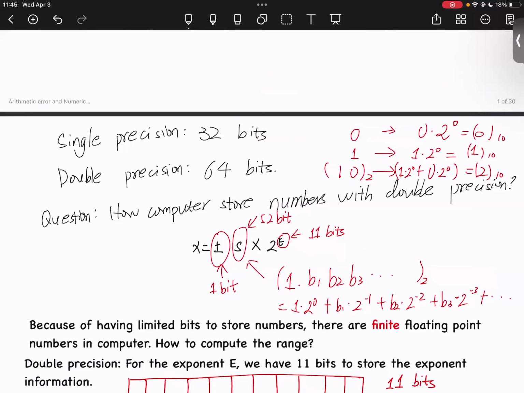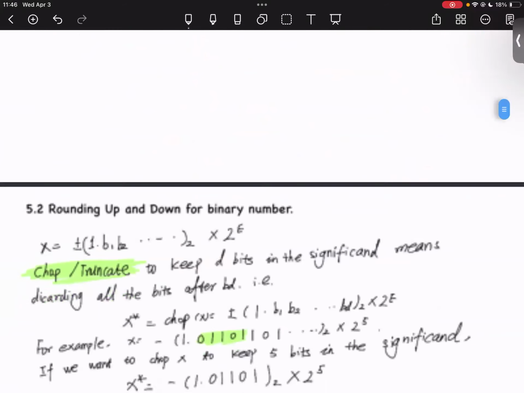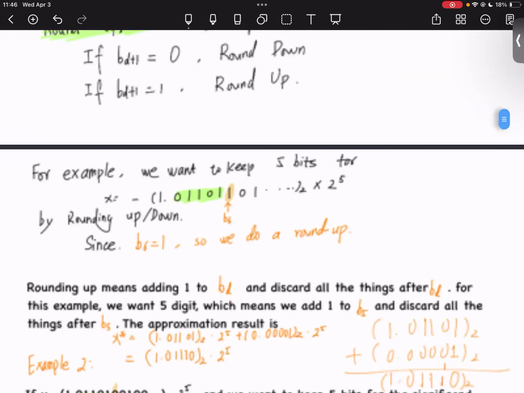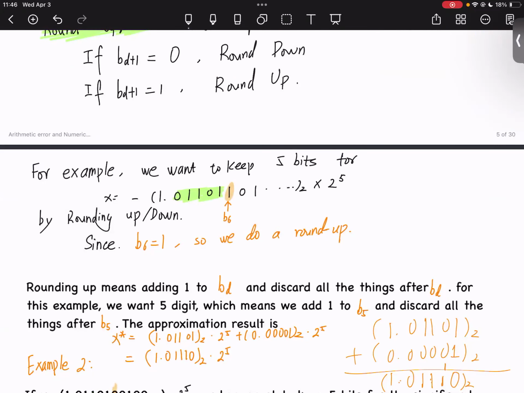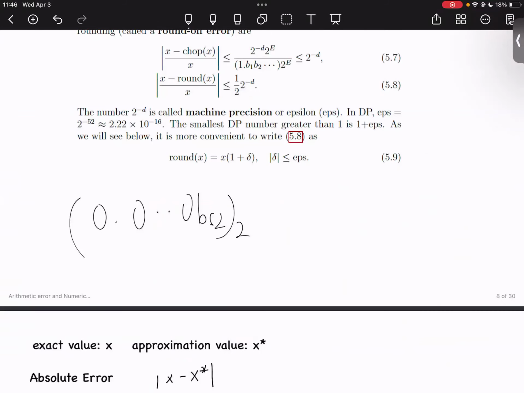This is the first question. And the second question is, with all the information you have for single precision, you also need to answer: what is the machine precision for single precision? And that's your homework.